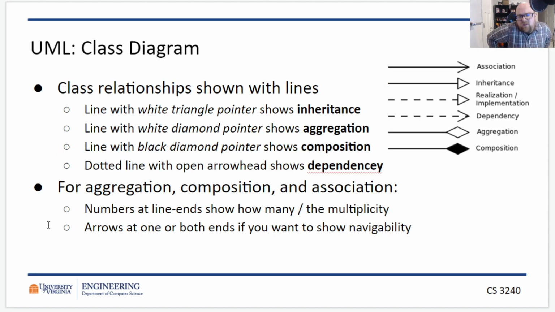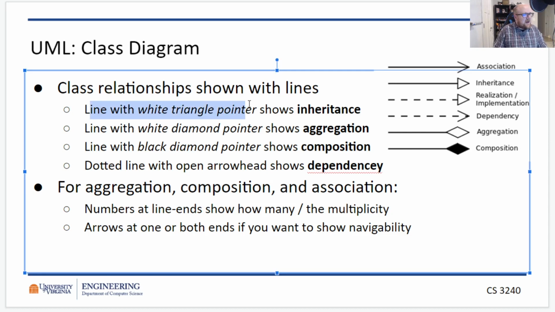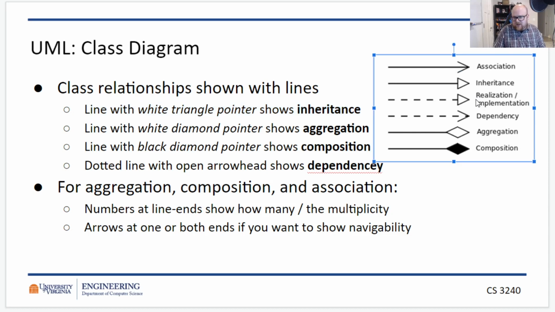And there are six different types of arrows, although we're really just focusing on a few. So there's inheritance, which is a line with a white triangle. And similar to inheritance is realization or implementation.